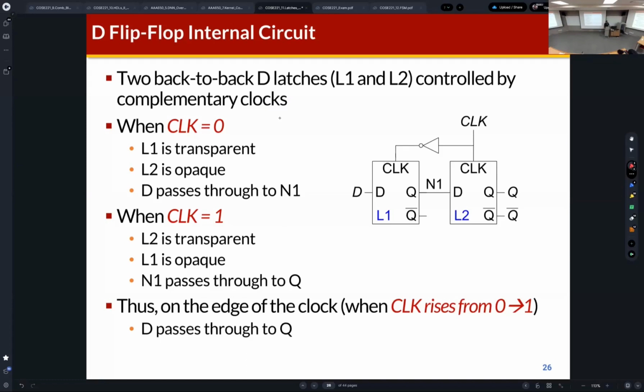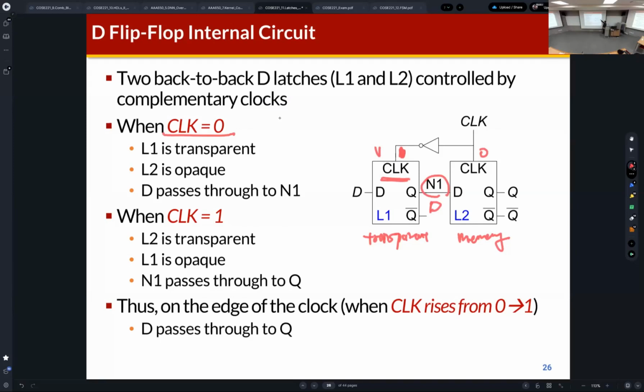So let's see the behavior of this circuit. When the clock is 0, this becomes 0 and this becomes 1. So this one is transparent and this one is memory. Then, because this clock port is 1, N1 becomes D, right?